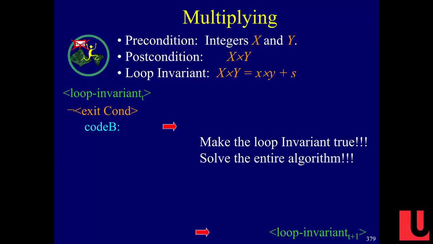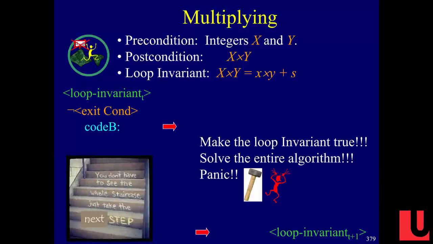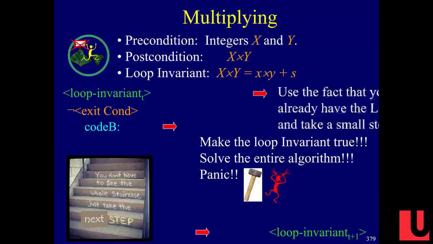What are people trying to do? They're trying to get the loop invariant all by themselves, and they're trying to understand the whole algorithm by themselves, and they panic. So we don't want to panic. We don't want to do brute force. Instead, we do one step at a time. What does that mean?